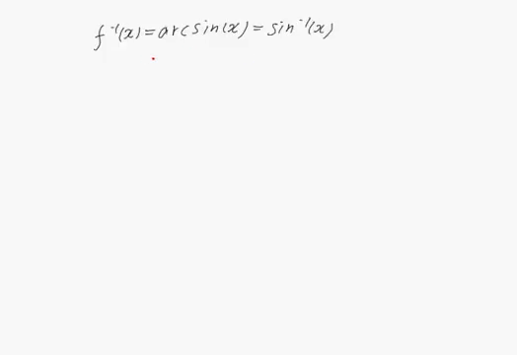Because y equal to this arc sine is the angle whose sine is equal to x, right? And this angle is also the arc length for which the sine is equal to x.